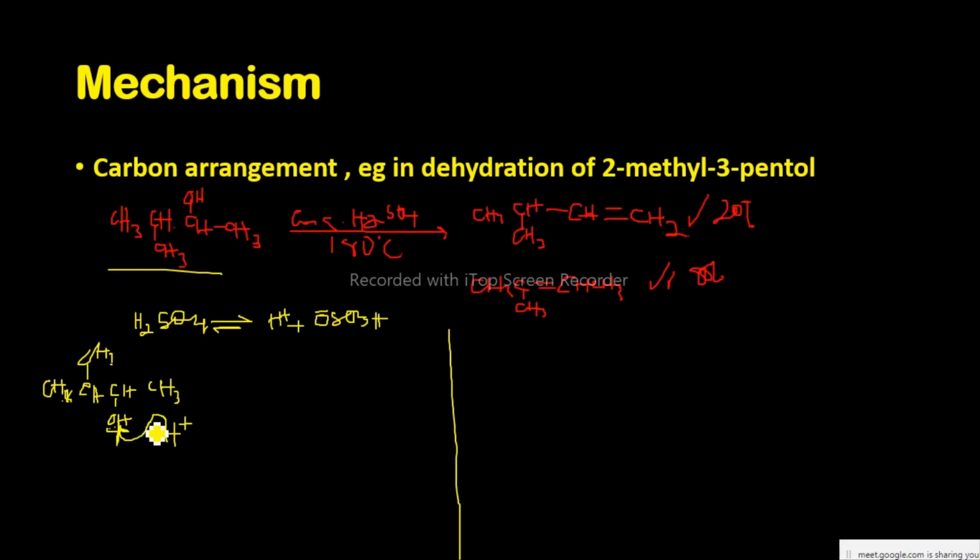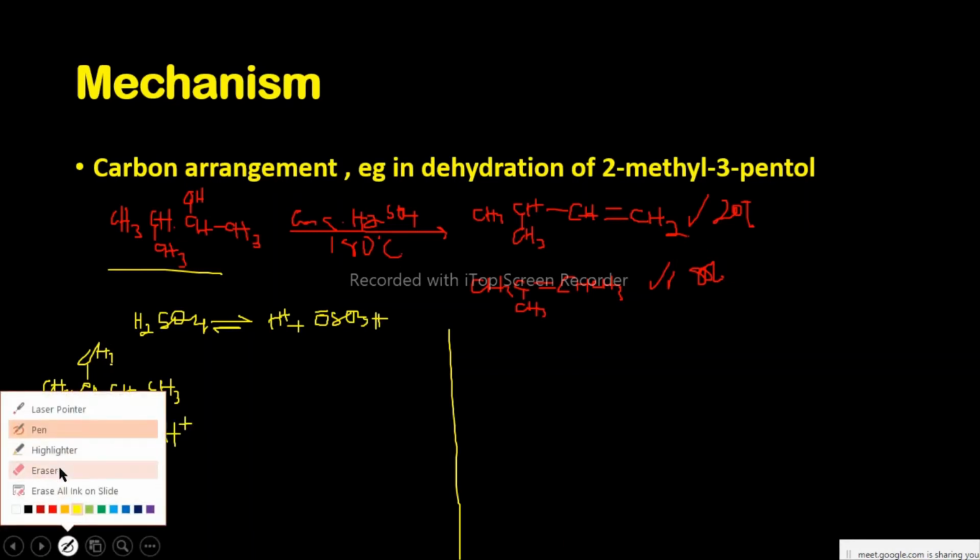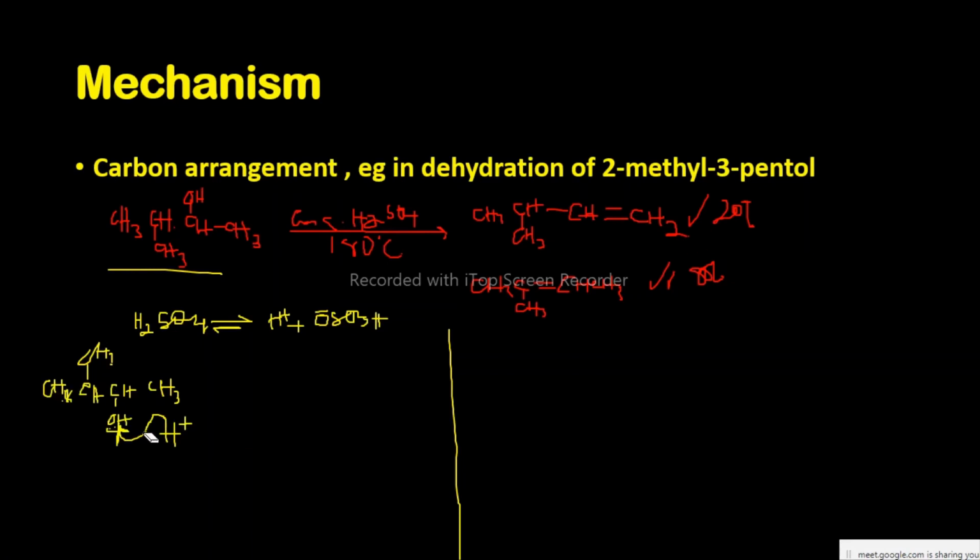The arrow shows movement of electrons, and electrons always move from nucleophiles, or electron-rich species, to electrophiles, or electron-deficient species. Let me even rub it out before you screenshot it and beat me with the book.